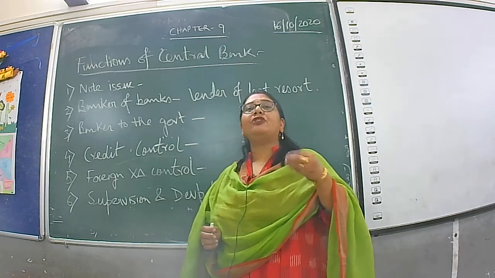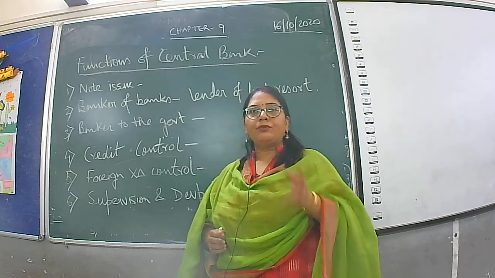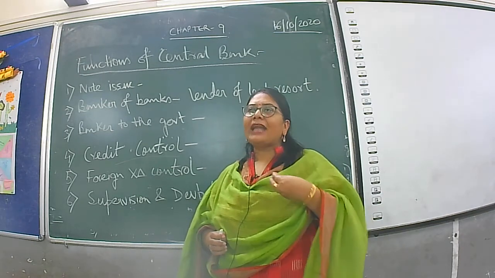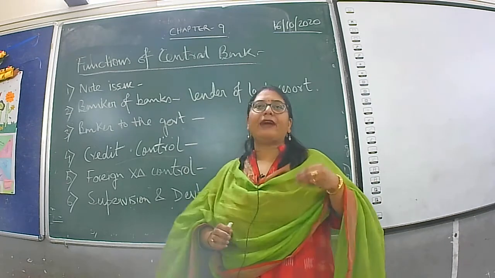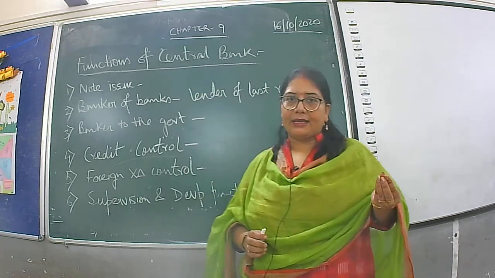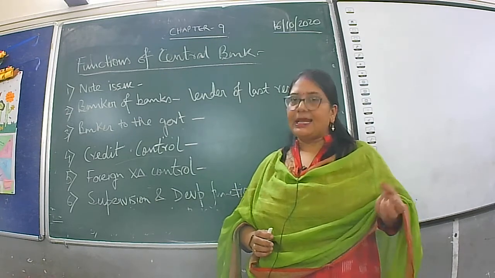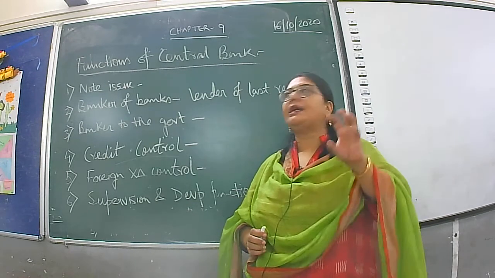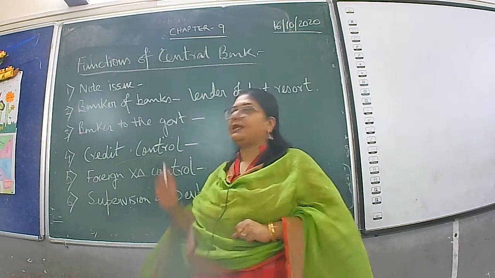It implies the volume of loans provided by the commercial banks. We know that we, the common people, cannot take any loan from the central bank. We have to go to a commercial bank. So this is the lending power of the commercial banks. This lending power of the commercial banks is totally controlled by the central bank. This is known as credit control.